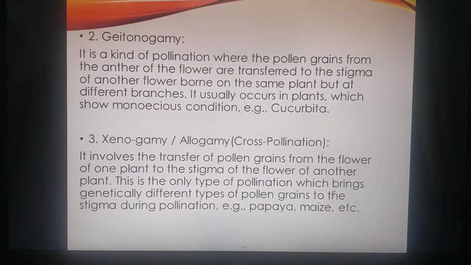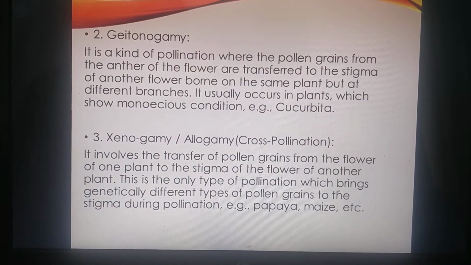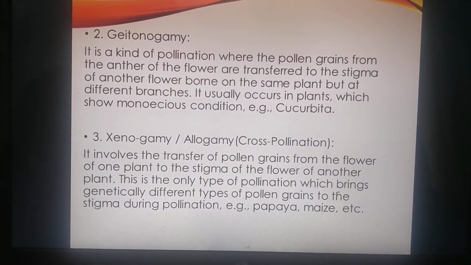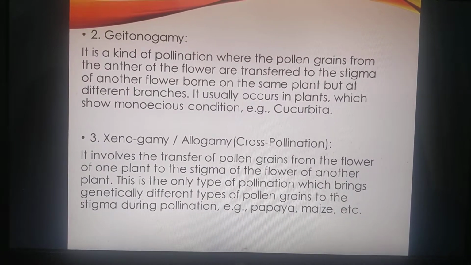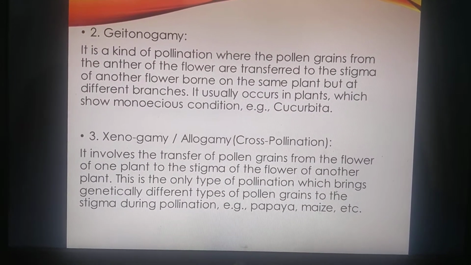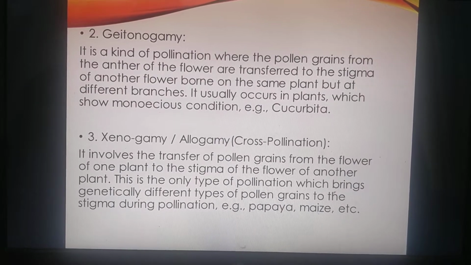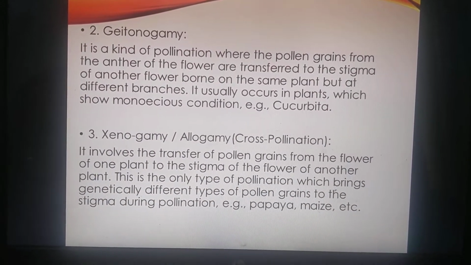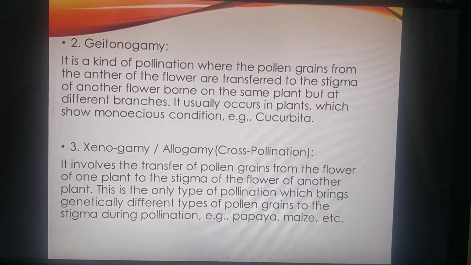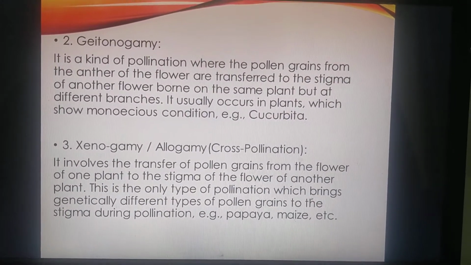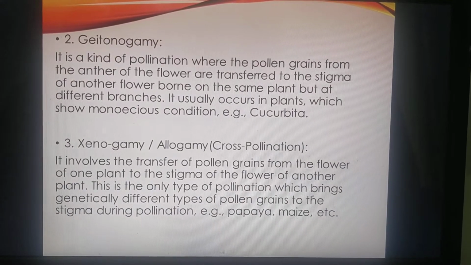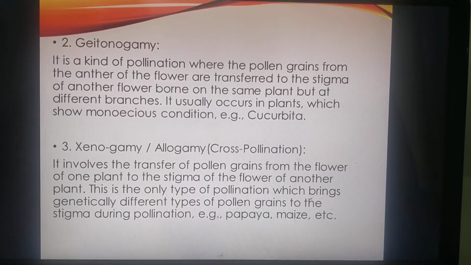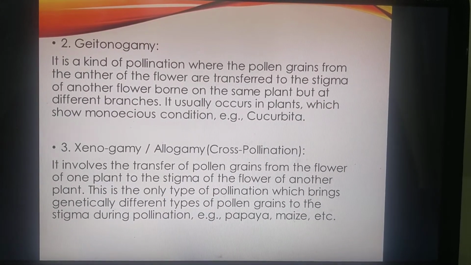Then another type of pollination is geitonogamy. In geitonogamy, pollen grains are transferred from anther of a flower to the stigma of another flower of the same plant. So plant is same but flower is different. For example, cucurbita. It occurs only in those plants which show monoecious condition, means flowers are unisexual but they are present on the same plant.